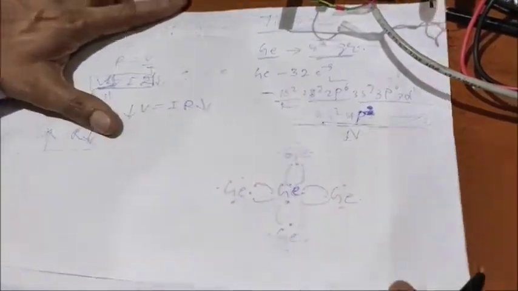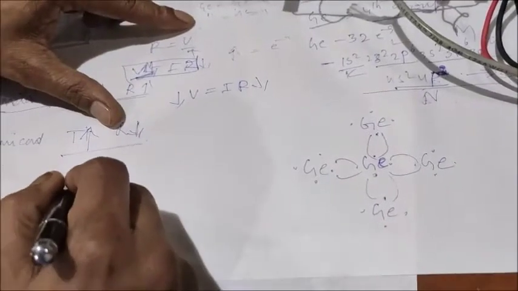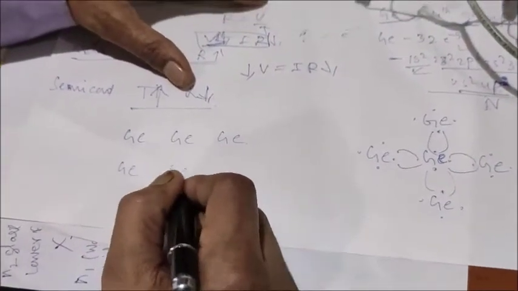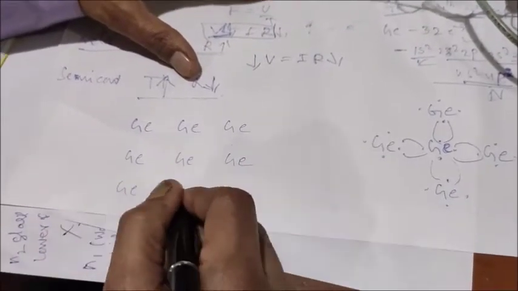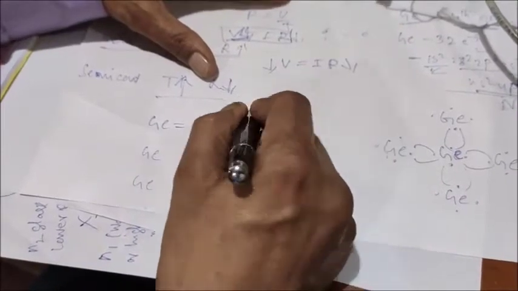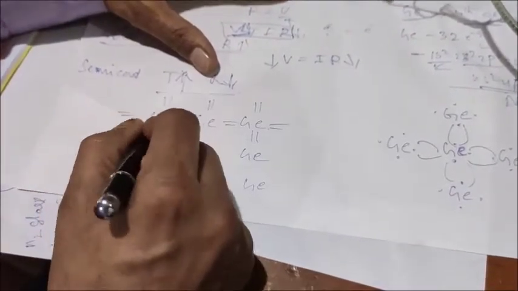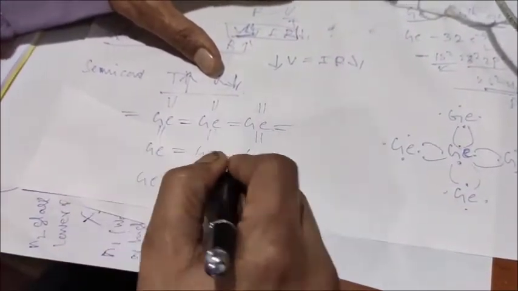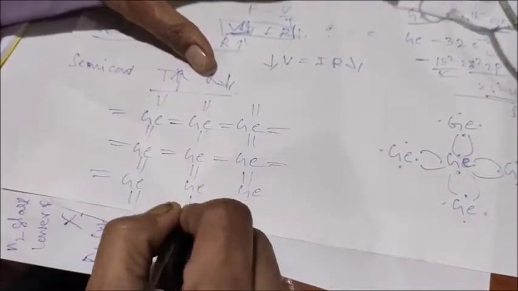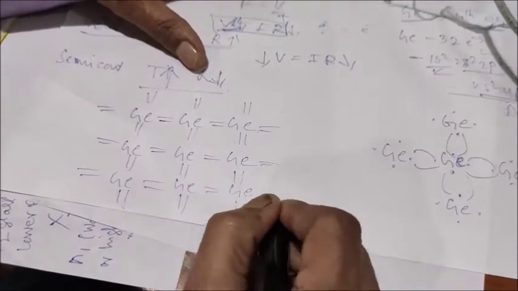In this way, you can assume that in the structure of germanium, all the germanium atoms in the lattice share 8 electrons. That is why at temperature T = 0 Kelvin, all the electrons are shared with the neighboring ones.